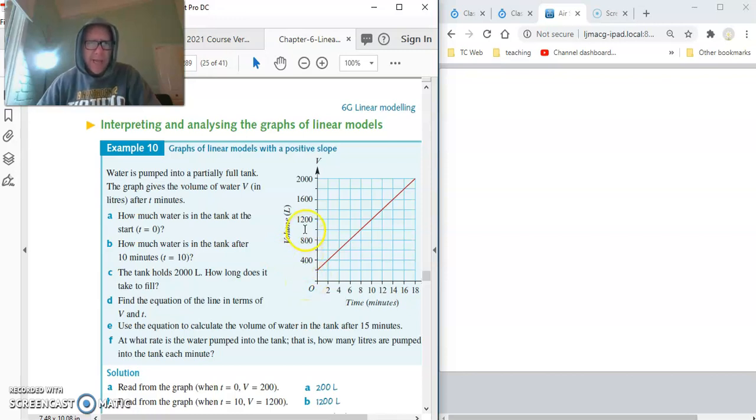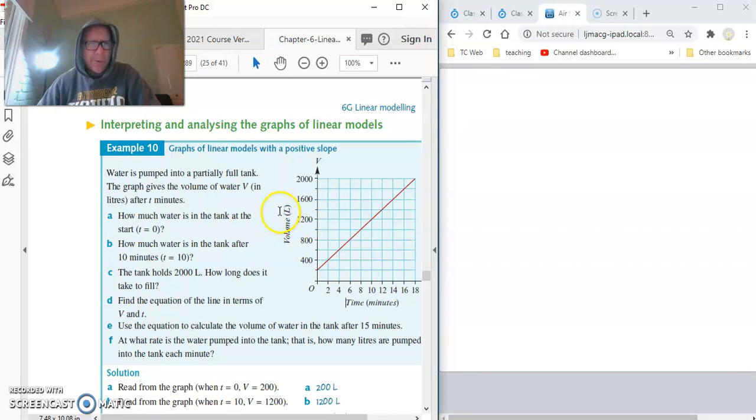And we've done that pretty easily when we've replaced the y values with the value and the x values with something. So in example 10, they've got a tank which they're filling up, and it fills up in a linear way. Okay, so it means it's like a square or a cylinder or something like that. It goes up at a constant rate as you put a constant amount of water in.